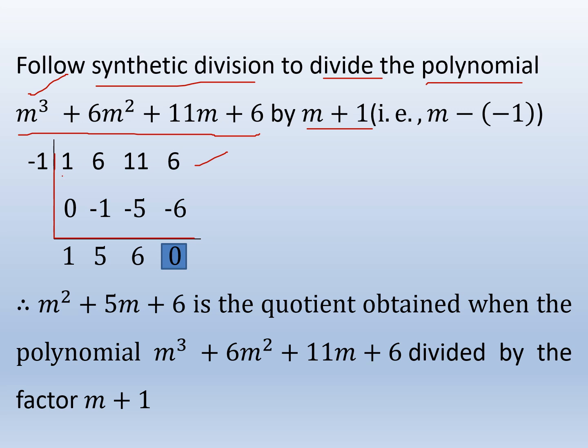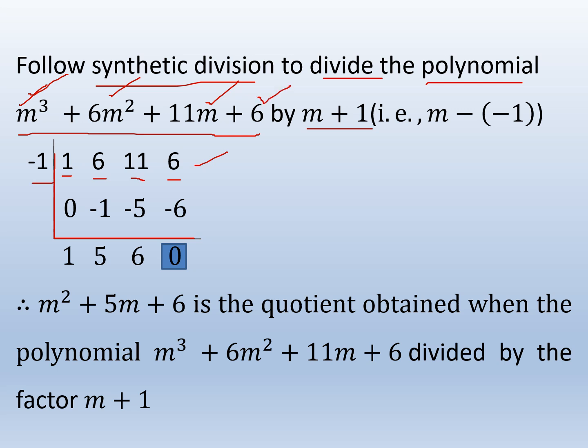That is, the first number is 1, which is the coefficient of m cube. Next number is 6, which is the coefficient of m square. Next number is 11, which is the coefficient of m. Next number is 6, which is the constant of the polynomial.